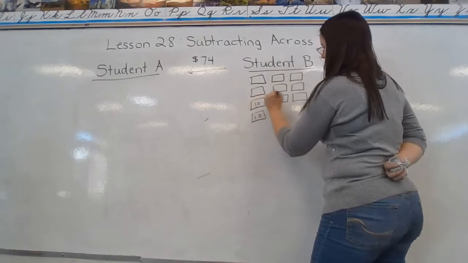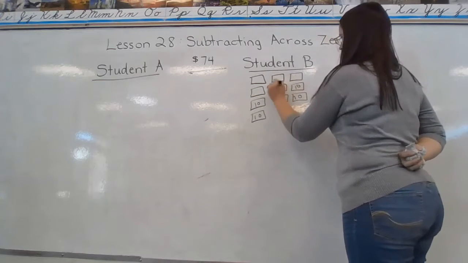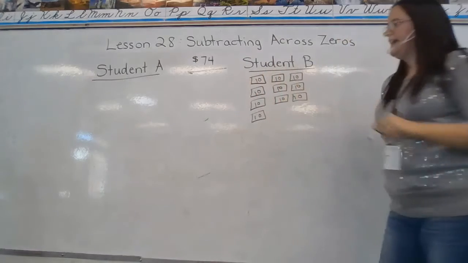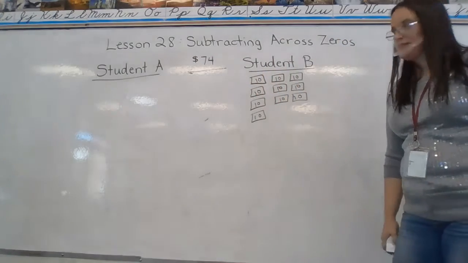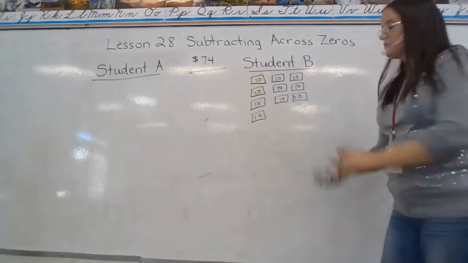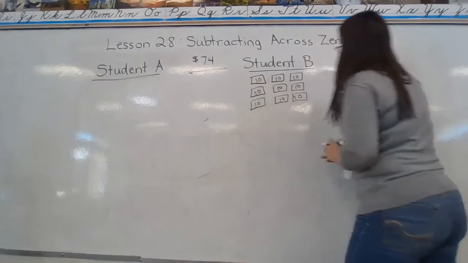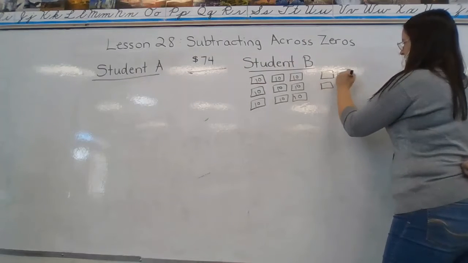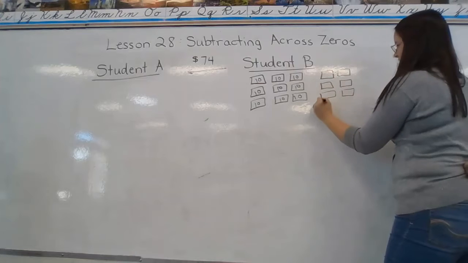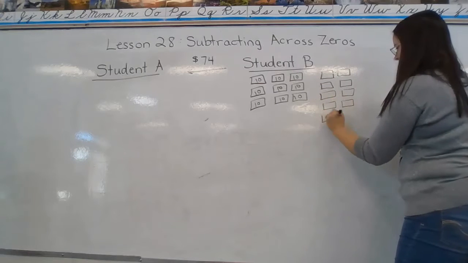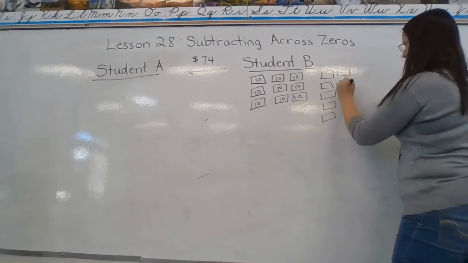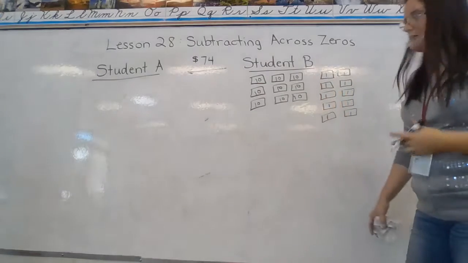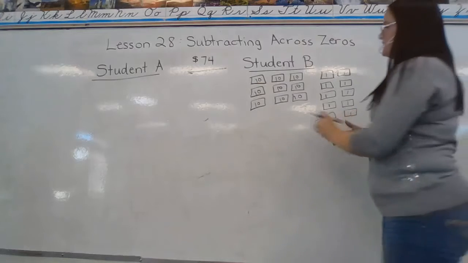There's my 10 tens. And they still don't have the right bills because they don't have any ones. So now they have to trade in a 10 for 10 ones. Okay, now we've got the right number of bills. We can give them $74.